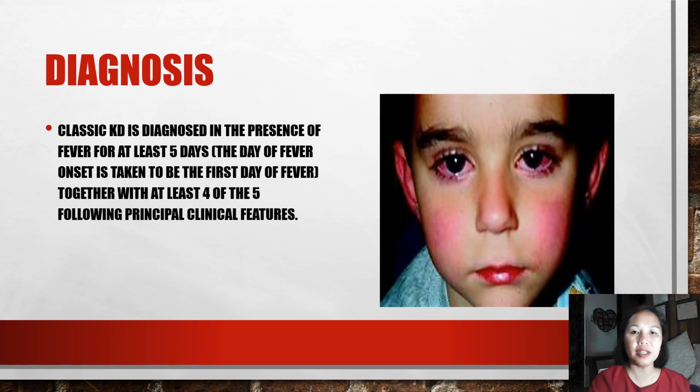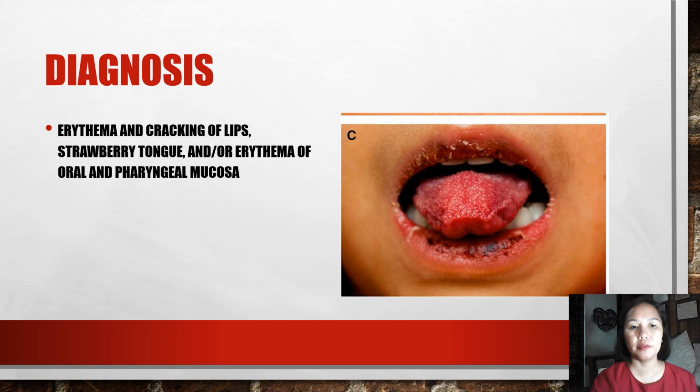Diagnosis of Kawasaki disease is considered in those with fever at least 5 days and at least 4 out of 5 of the principal features. The first criteria is the erythema and cracking of lips, strawberry tongue, and or erythema of oral and pharyngeal mucosa.